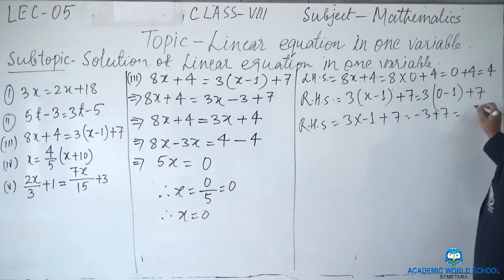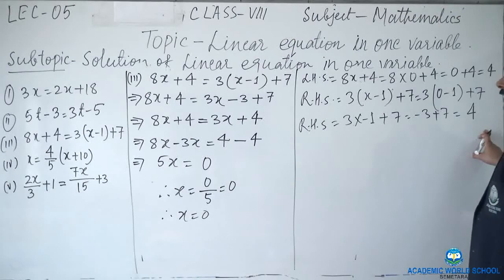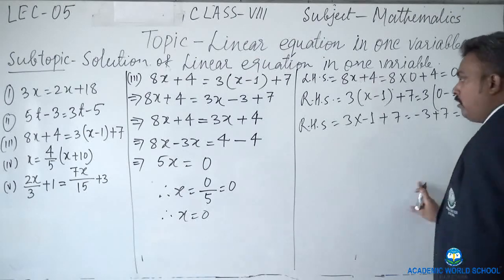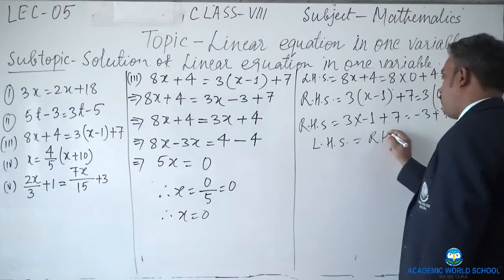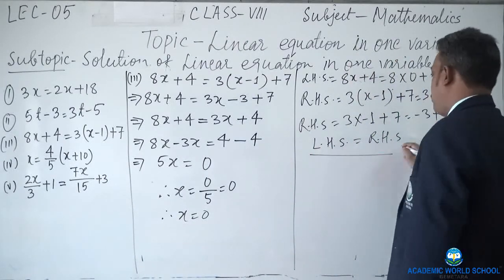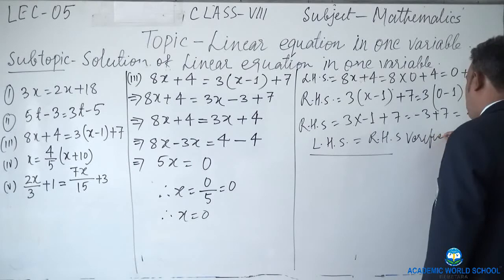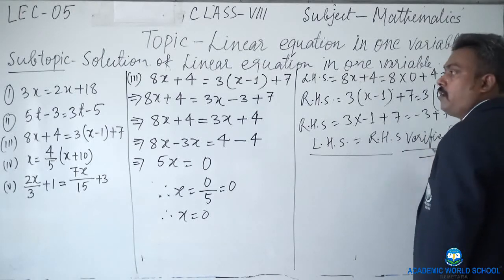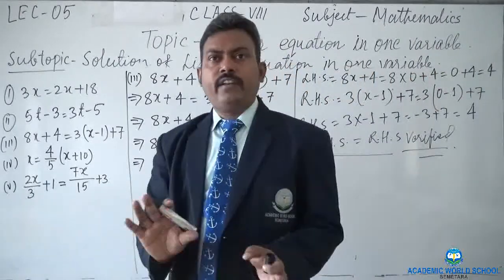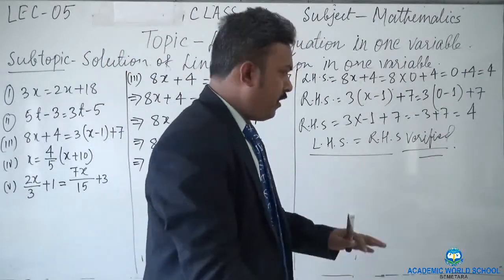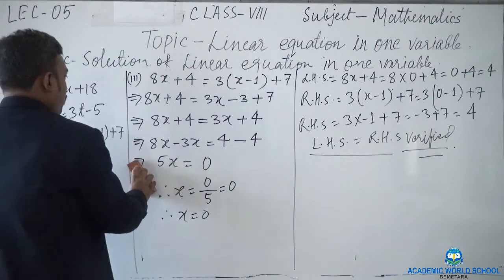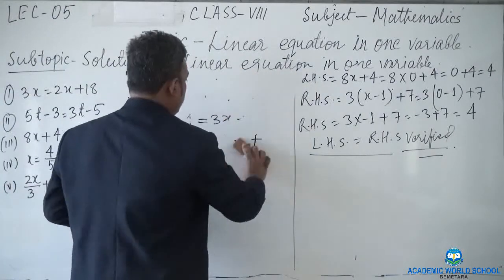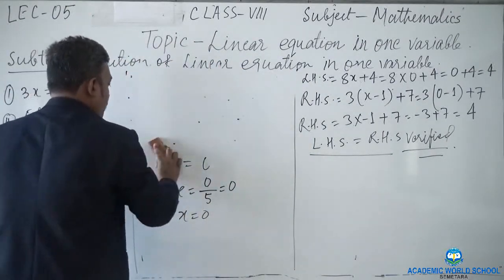Right? Plus 4. So the left hand side and the right hand side are both equal. So we write here: left hand side and right hand side equal. Very fine. So this is a very simple method, and these are very simple steps we are following here to solve an equation.